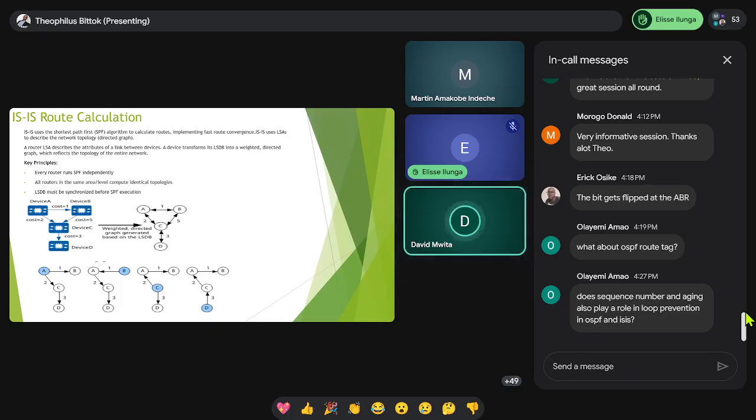Number one, I think the difference between route leaking and distribution should be made clear. Maybe that's something Theo can touch on more if he has another chance to come in and do the lab, because I feel they are very different. They may be similar, but they are very different.